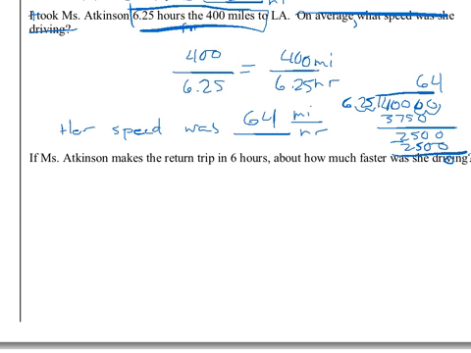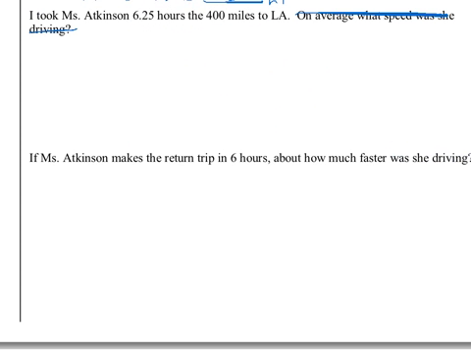If Ms. Atkinson makes the return trip in 6 hours, how much faster was she driving? If we want to compare by seeing which one is faster, then we have to find the same unit rate for this particular return trip.